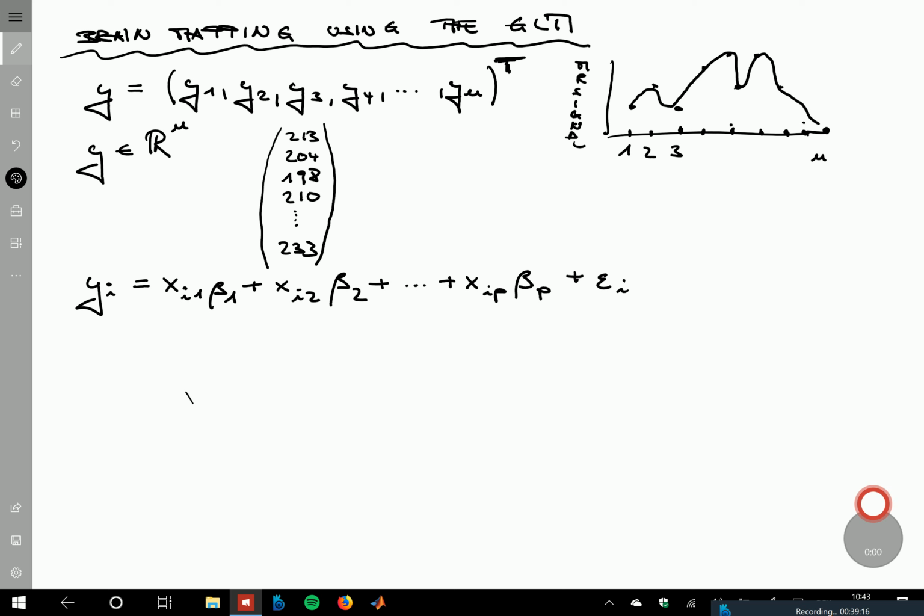So what are these things? I get rid of this, then I have a little bit more space to annotate things, and I use a different color because that's visually amazing. So yi is the ith data point.